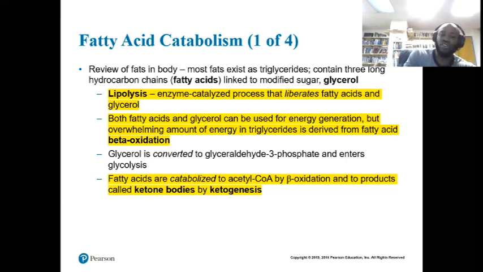So the glycerol is converted into the glyceraldehyde 3-phosphate and enters glycolysis. Okay. Glycolysis, breaking apart of glucose. The fatty acids, and this is fat. Remember, fat has a lot more energy than glucose. Fatty acids are catabolized.